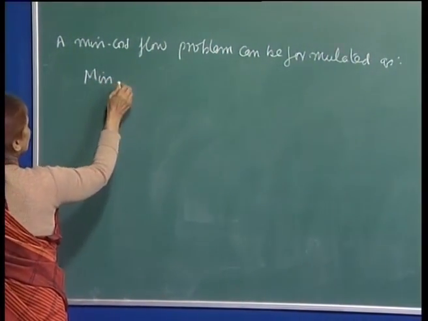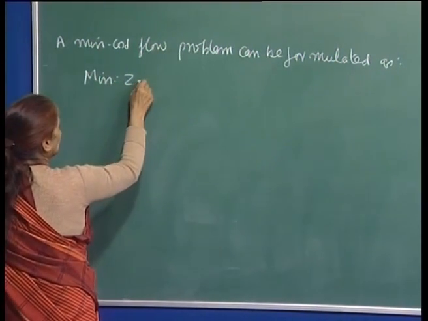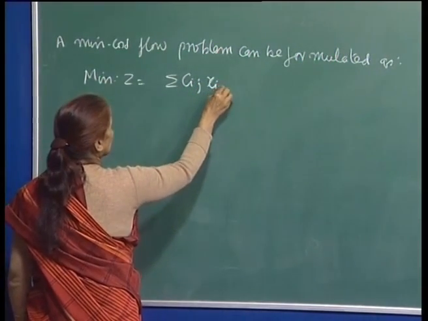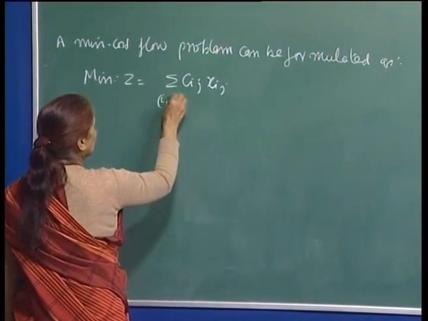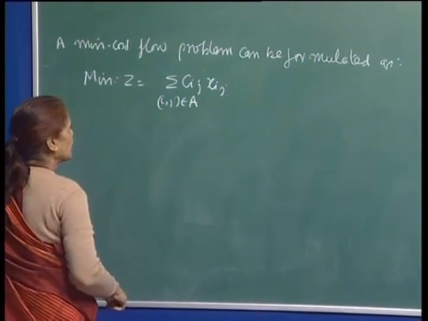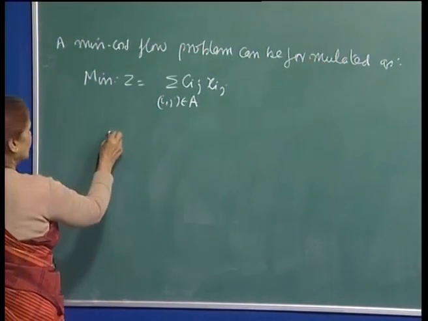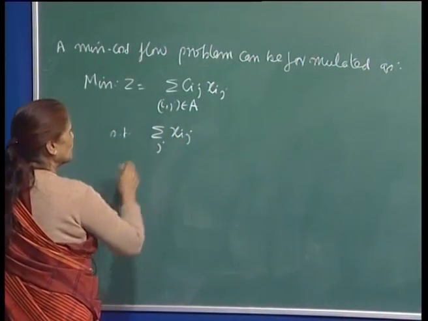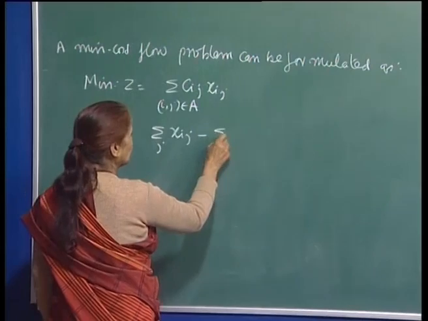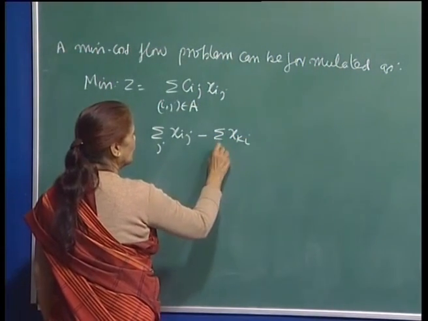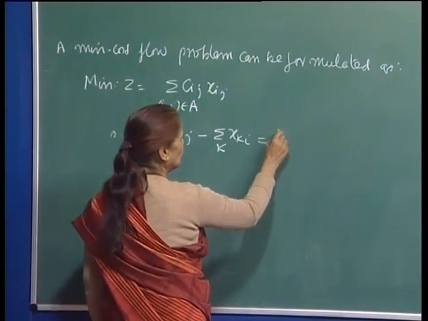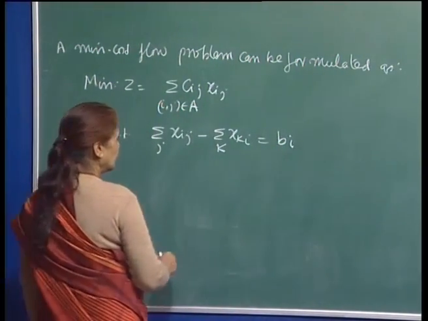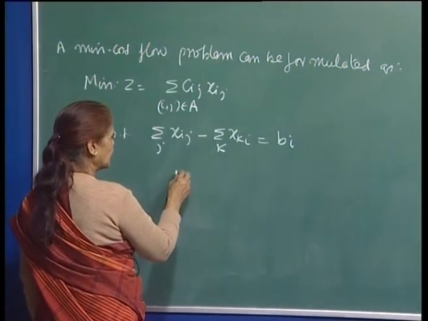Minimize z equal to the summation of Cij xij, where ij is an edge in the directed graph, subject to the summation over j of xij minus the summation over k of xki equal to bi. I will define all these terms, and then we have a capacity constraint also.